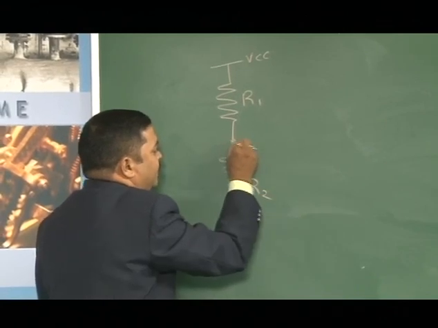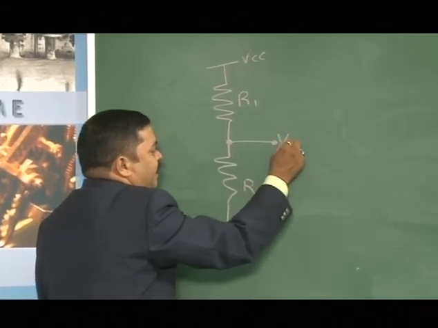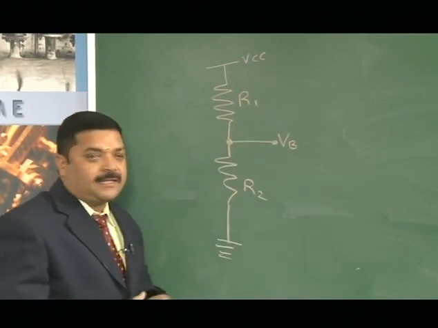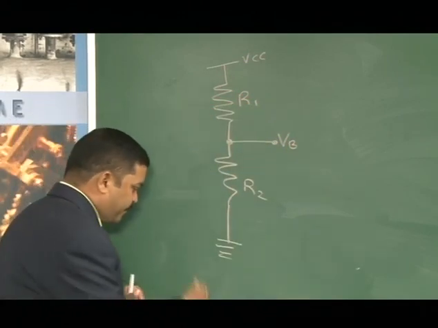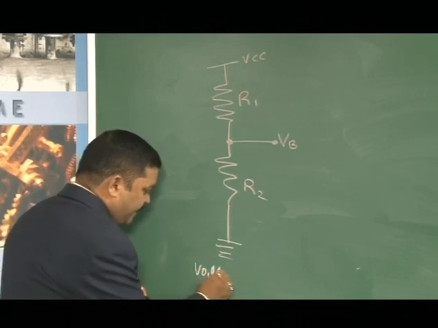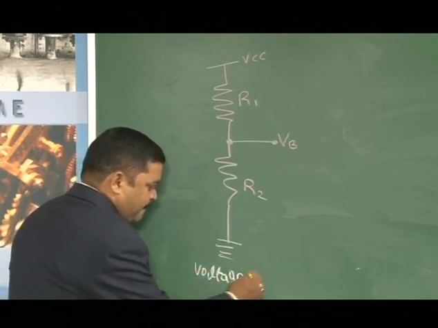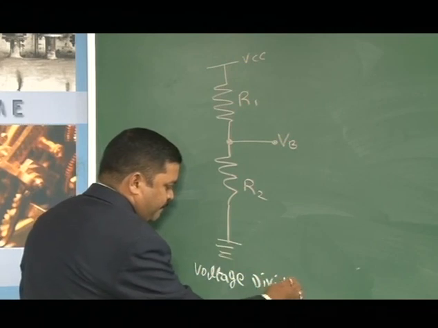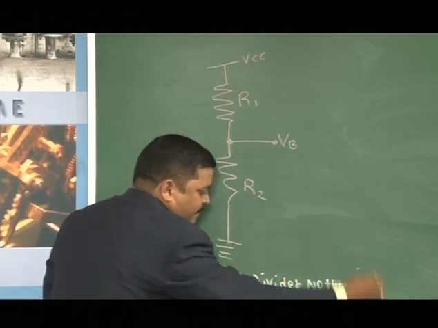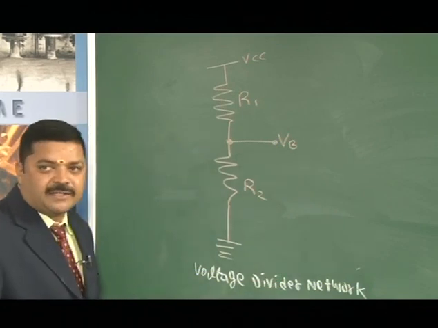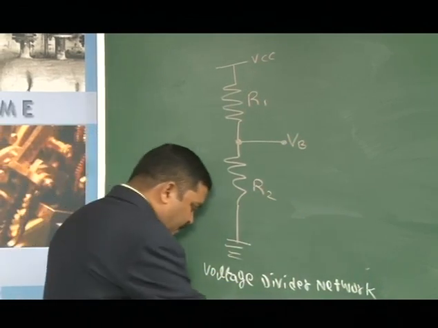At this point, the voltage, let me call it VB. This entire network is a voltage divider network. Let us see why it is called a voltage divider network.